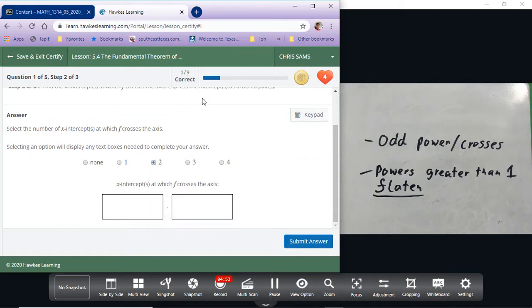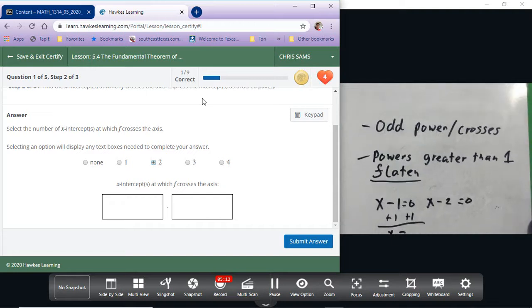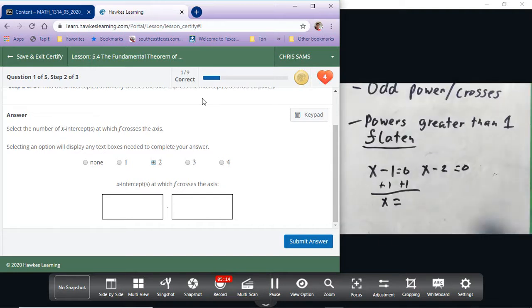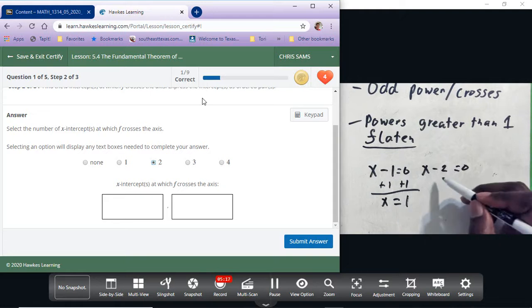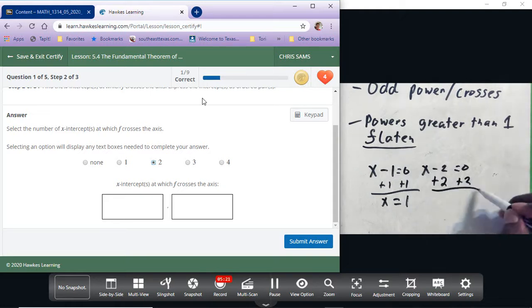The way we tell that is we set those numbers equal to 0, x minus 1 and x minus 2, set them both equal to 0, and solve for x. And so we're going to add 1, and that gives us x equals positive 1, and we will add 2 here, and that will give us x equals 2.